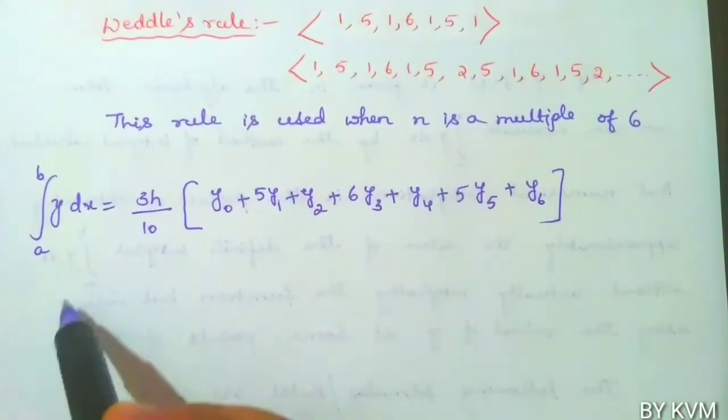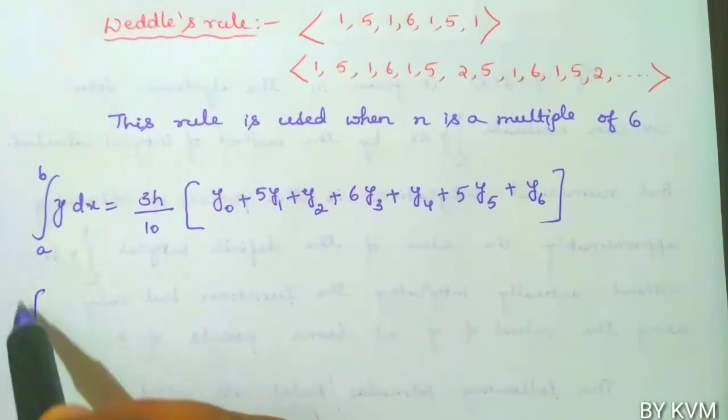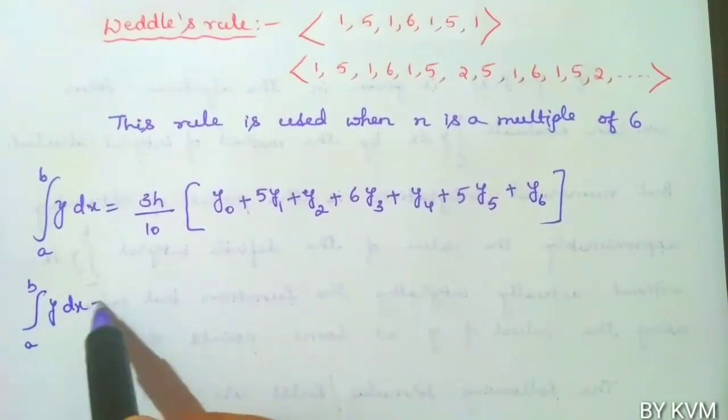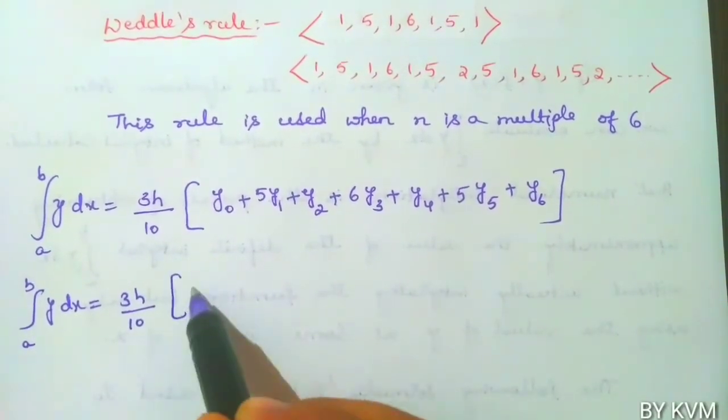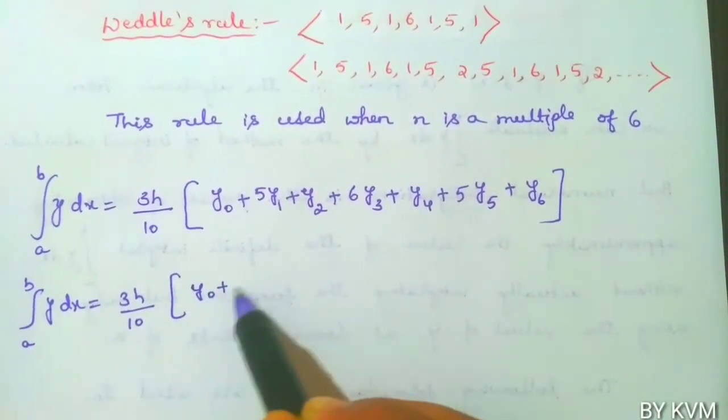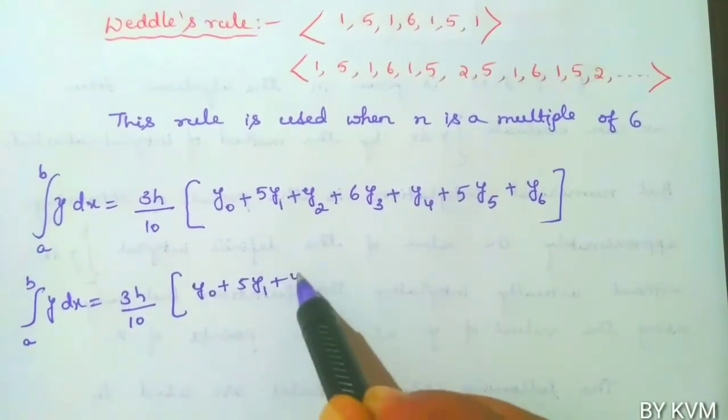Now if there are more than 7 points, integral a to b y dx equals 3h by 10 times, now use the second sequence, that is 1 5 1 6 1 5.